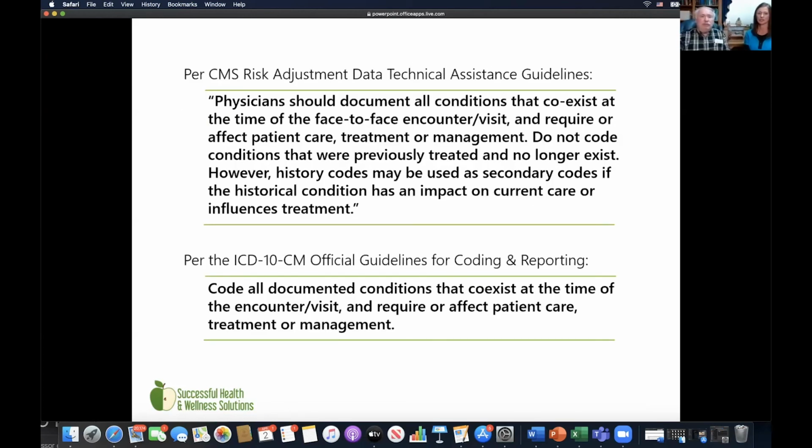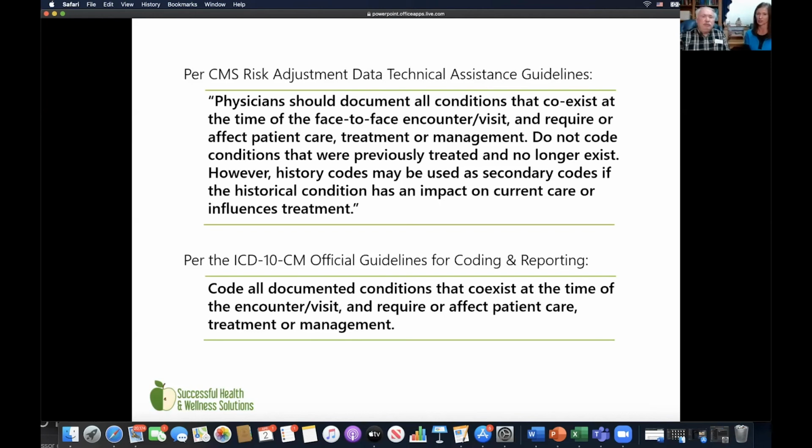Per CMS Risk Adjustment Data Technical Assistance Guidelines, physicians should document all conditions that coexist at the time of the face-to-face encounter or visit and require or affect patient care, treatment, or management. Do not code conditions that were previously treated and no longer exist.